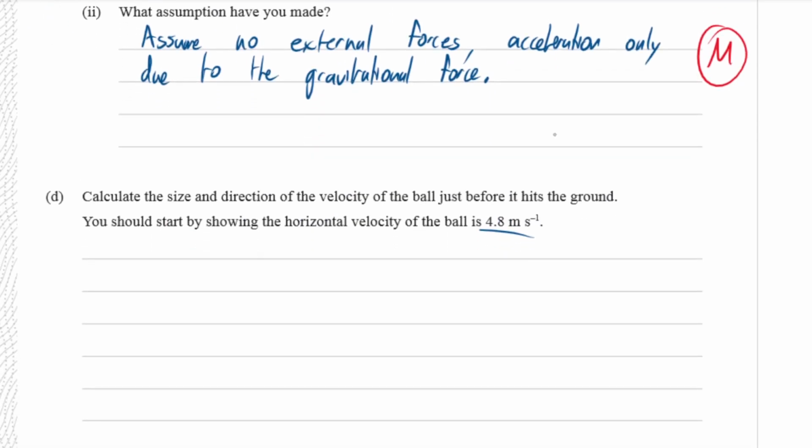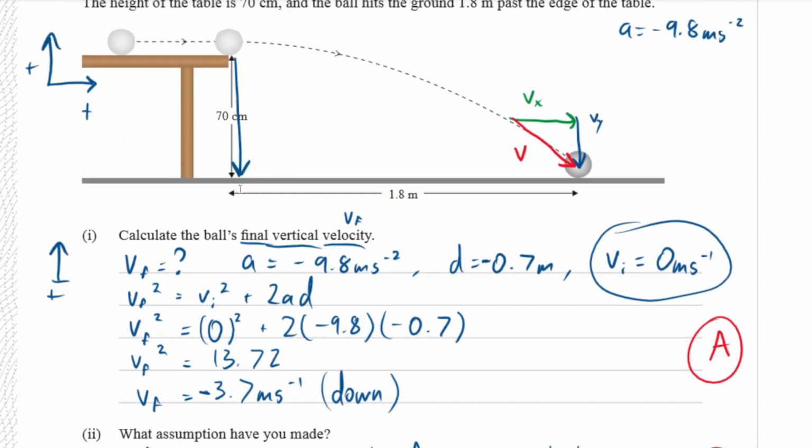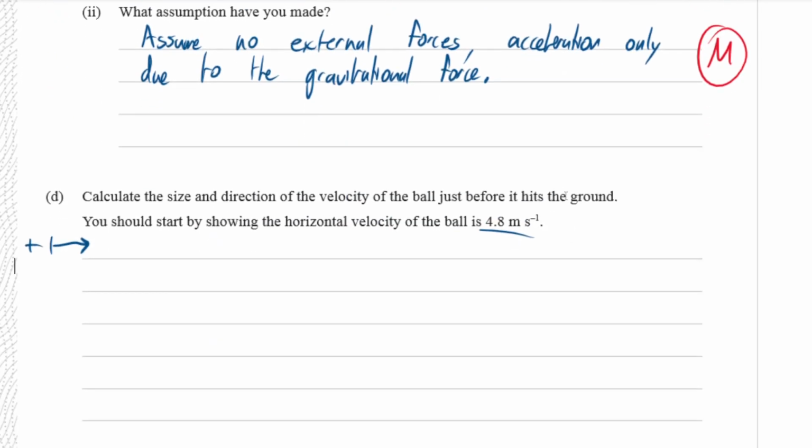So we need to work in the horizontal direction, and I've defined to the right as positive. So what do we know in that direction? Well, we know the distance is 1.8 meters. What else? The acceleration, that would be 0.